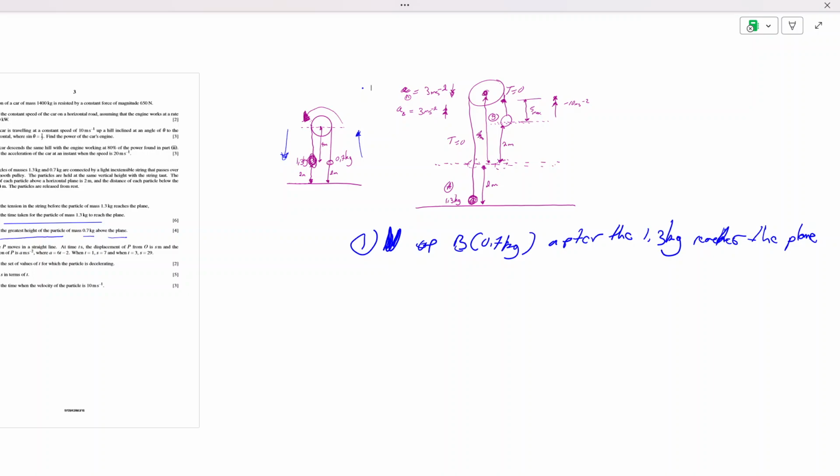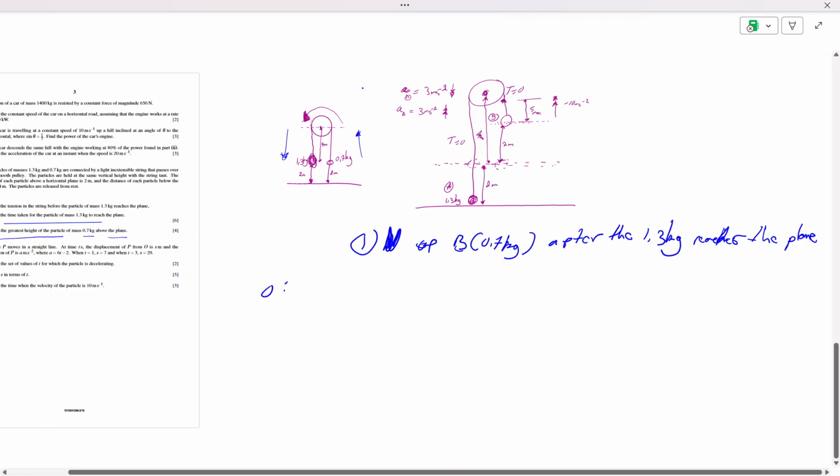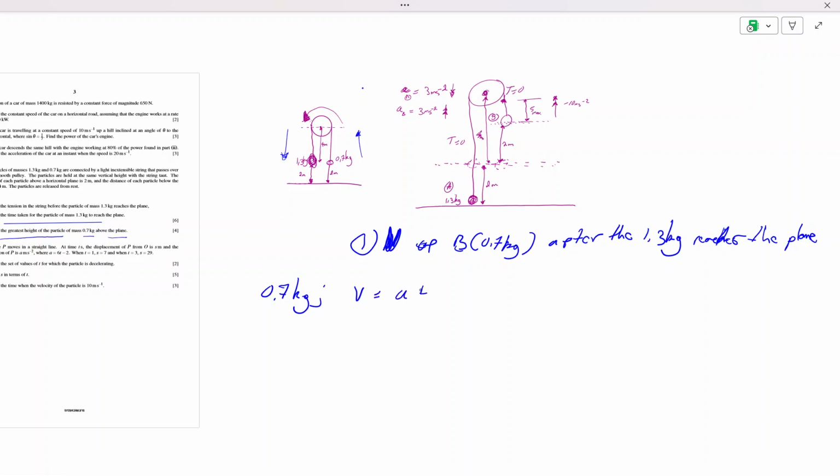So I'm going to calculate the velocity of the 0.7 kg mass using the SUVAT equation v = u + at. We know that it starts off at this point with u of 0. We have the time and the acceleration.